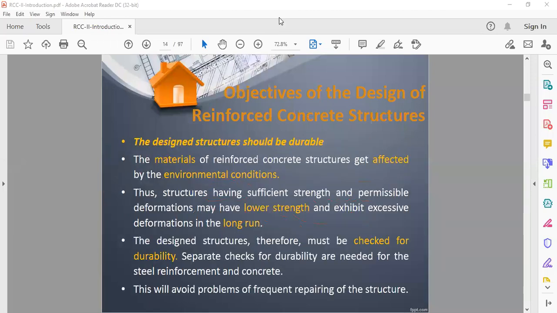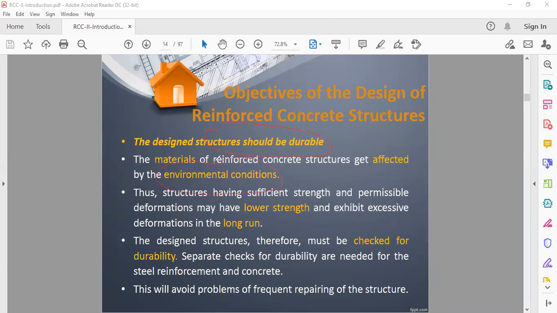So what are the different things the designer should take care of? The designed structure should be durable. The material of the reinforcement or the RCC gets affected by environmental conditions.